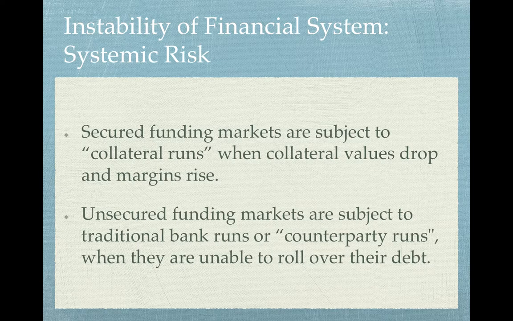A traditional bank run is basically a knee-jerk reaction of all the depositors to some financial news, creating a crisis of confidence, and then all of them going to the bank and asking for their money back. The same thing happens with unsecured funding markets because there is nothing actually backing up the funding that has been traded for.